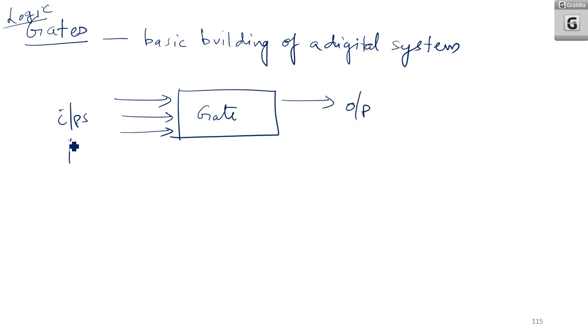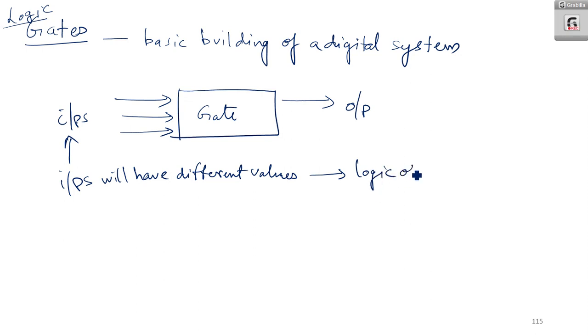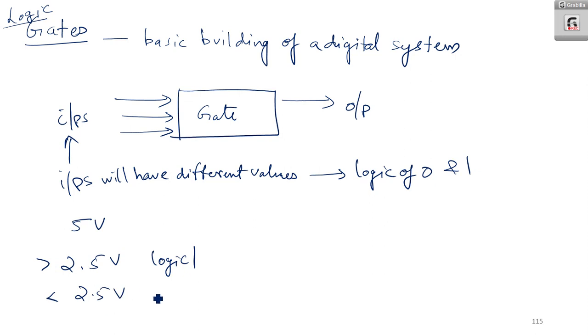These inputs will have different values, that too in the logic of 0 and 1. For example, if I am taking a 5 volt supply, voltages above 2.5 volt are taken as logic 1 and voltages less than 2.5 volt as logic 0.